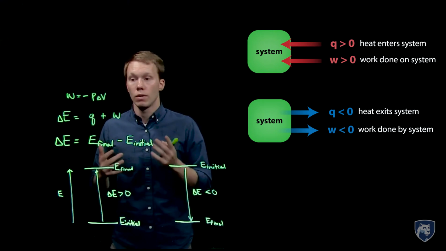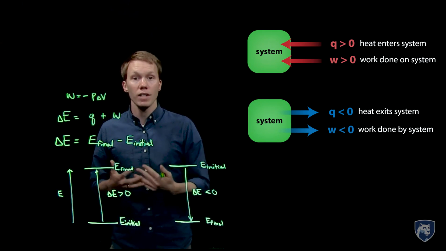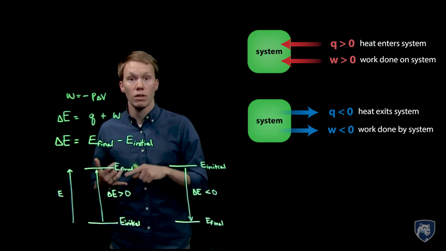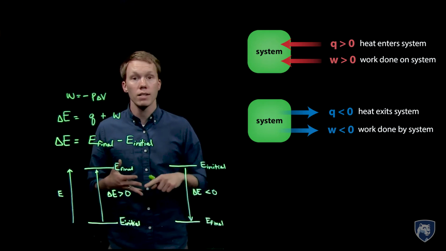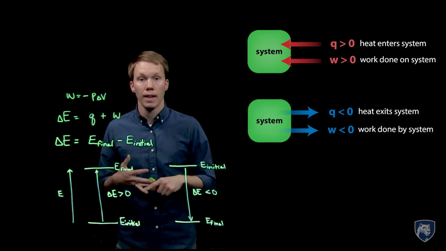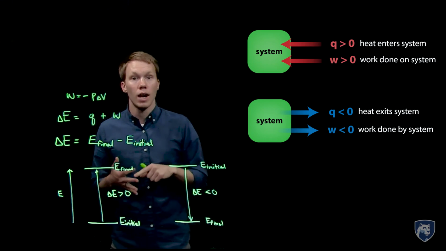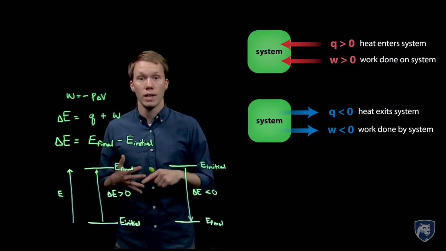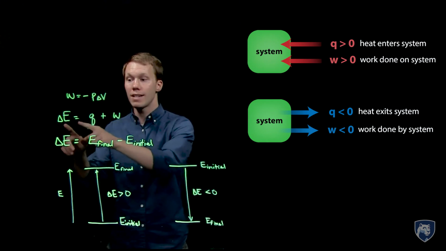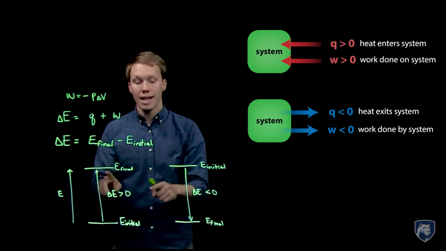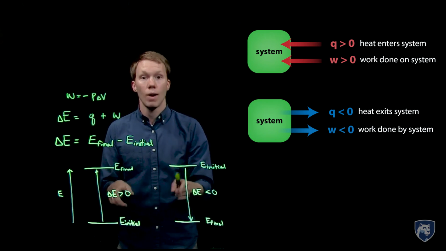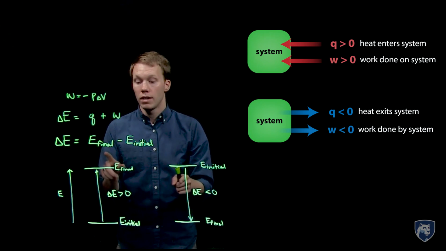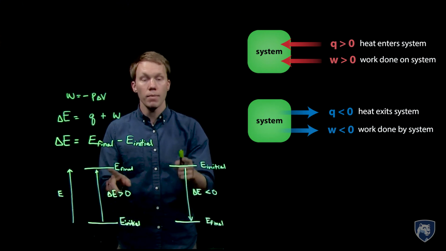Okay? So Q and W can be positive or negative depending on whether heat is lost or gained and work is done on or by the system. So it is very important that you understand the signs of Q and W and how that pertains to the sign of delta E, because that is what determines whether or not the energy has gone up or gone down in my system.